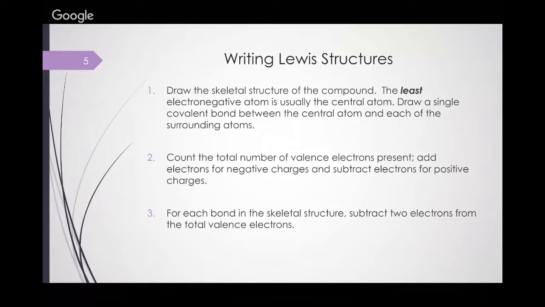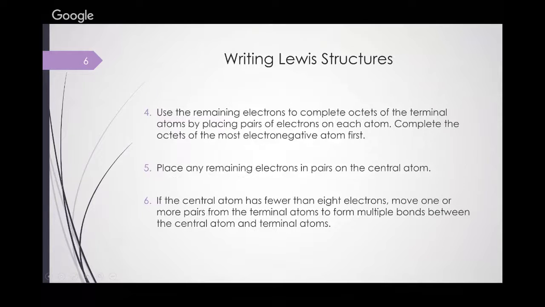Then we add electrons for negative charges and subtract electrons for positive charges. As we go along, we're going to bond our atoms and then put on lone pairs of electrons. So we put our pairs of electrons on all the terminal atoms first, and then the central atom.